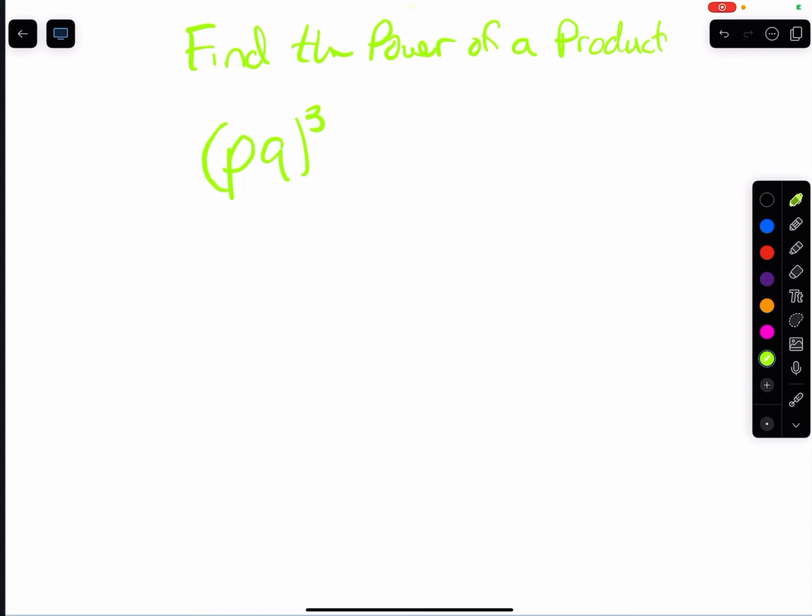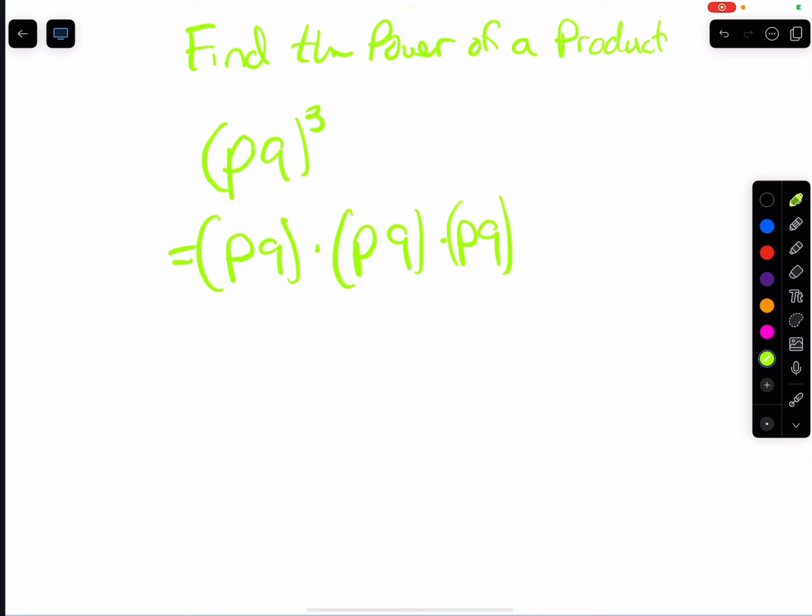We can begin by using the associative and commutative properties of multiplication to regroup the factors. So we know that that is PQ times PQ times PQ. Well, those are just products, so we can move things around.